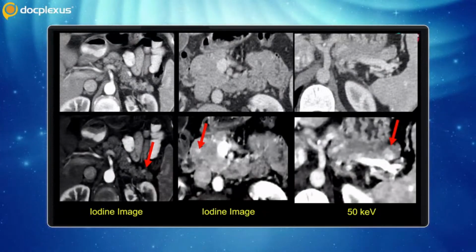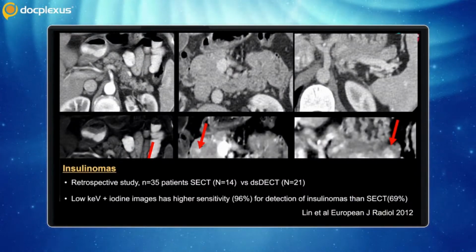If you look at the study from Lin et al., who did a retrospective study for insulinomas, they found that a combination of low keV monoenergetic and iodine images provided the highest sensitivity for detection of insulinomas compared to single energy CT.